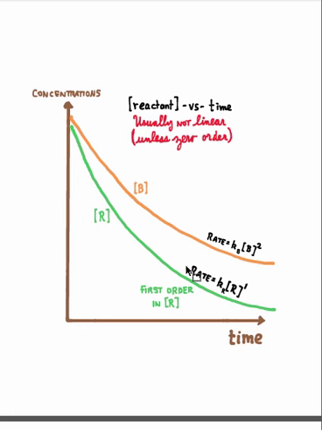Or for first order, the rate equals the constant times the concentration of R. I'm not saying that reactant R and reactant B are in the same reaction. I'm just saying be aware that usually first order processes occur more quickly than second order processes. First order means to the first power, and second order means to the second power. And we already looked at what the mathematical descriptions of these curves were.